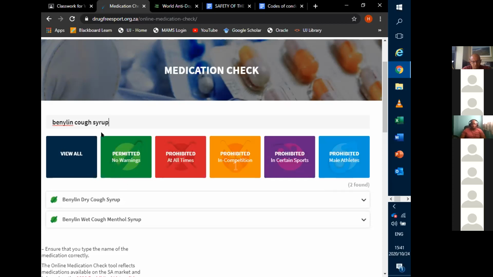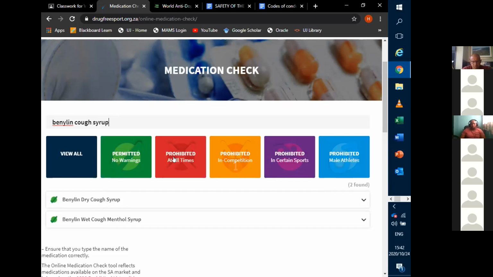The nice thing about this is that it's got all of the South African medication here. So anything that you can buy at Dis-Chem that your doctor will prescribe to you, doesn't matter what it is, you just type it in there and then it will give you these little color codes. So green means that there are no warnings.